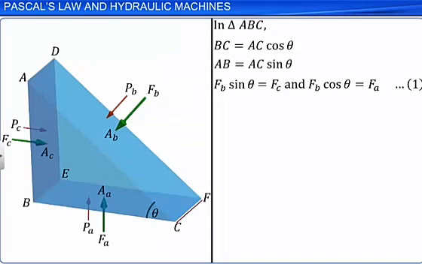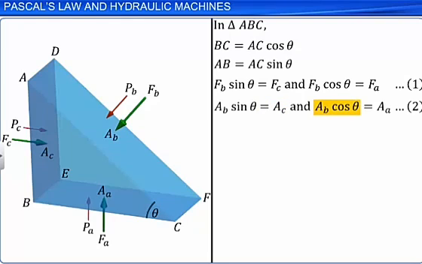As the thickness of the prismatic element is constant, the areas of the three sides of the prism can be expressed in terms of the trigonometric ratios, as shown for the forces, by equation 2, which is Ab sine theta equal to Ac and Ab cosine theta equal to Aa.